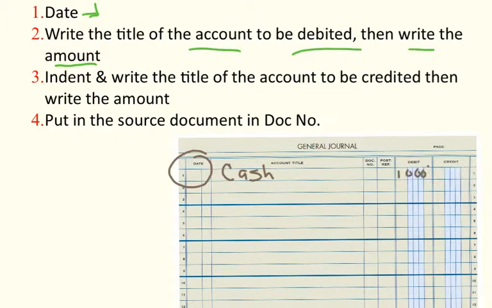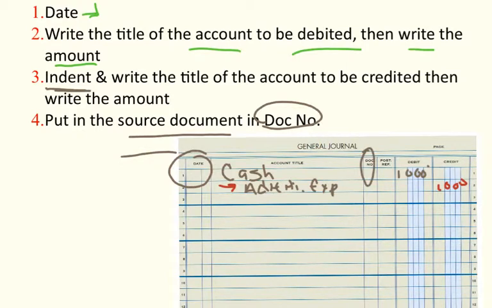And then you indent, the credited one. And let's say we're paying for advertising. See how it's indented just a little bit? You need that for the view of it, and then that's the credit amount. And then you have to put in that source document number, which goes right here.